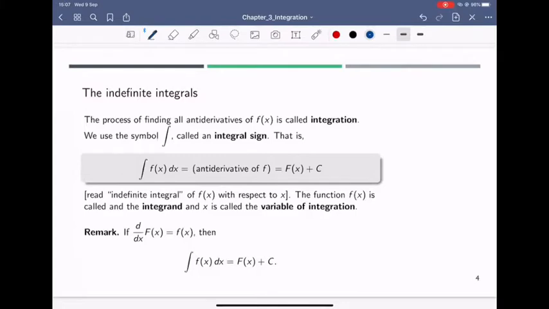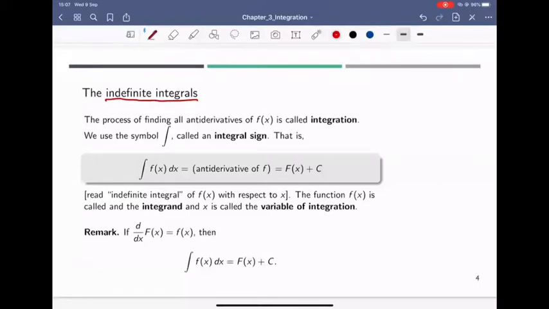So the next thing that I am going to show you is the definition of indefinite integrals. For the indefinite integrals, we are going to give a proper notation for antiderivative.